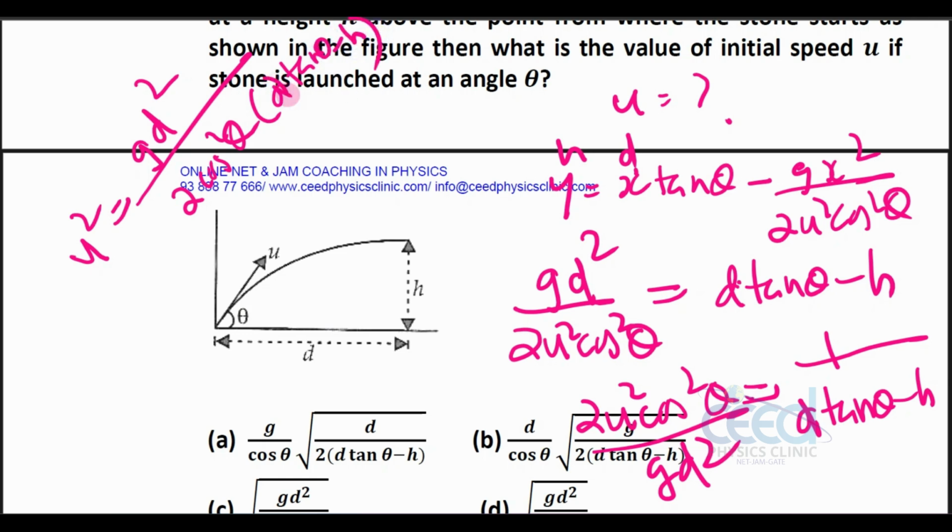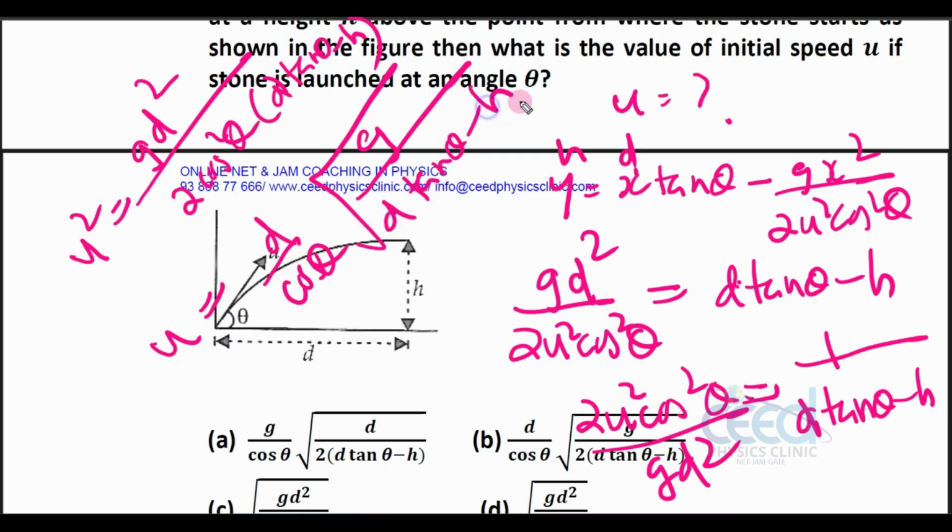Alright. Now by substituting, this u I can write as d by cos theta root g divided by 2 (d tan theta minus h). So this is the final answer, alright.